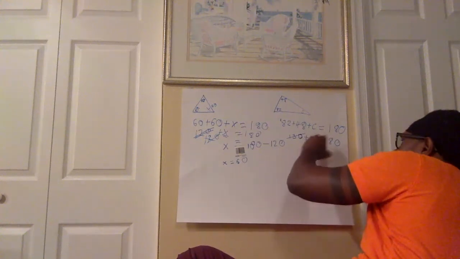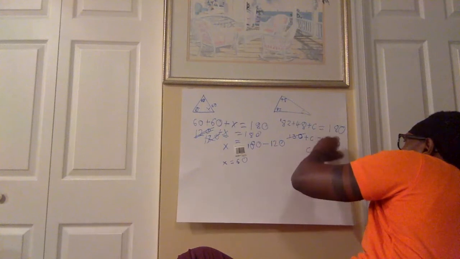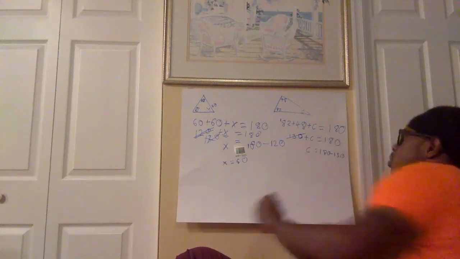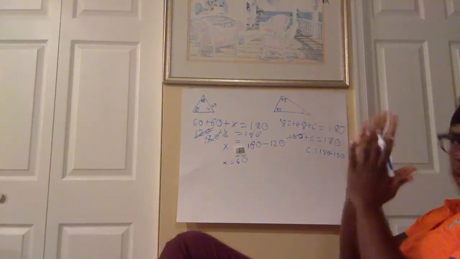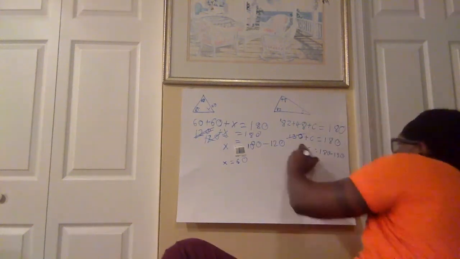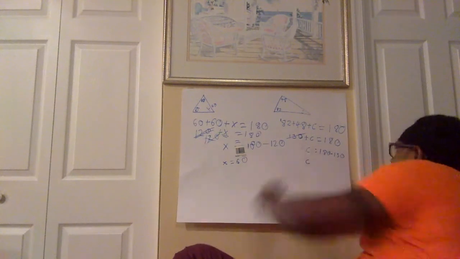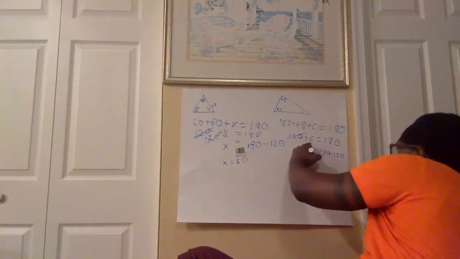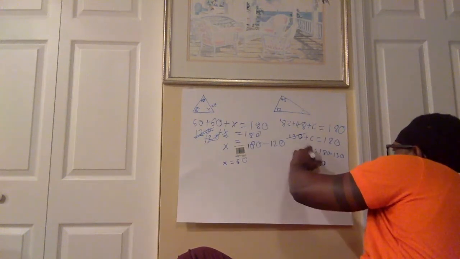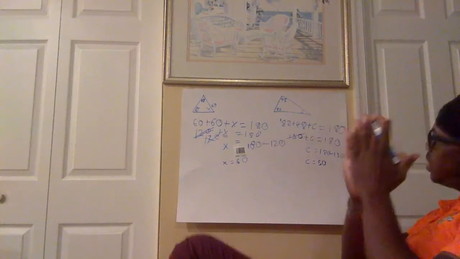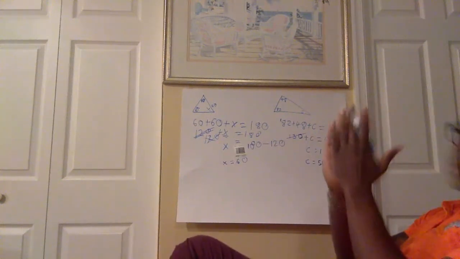That's going to be 180 minus 130. What is that going to give us? If you pause the video and do it, it's going to give us, so we now know that C is equal to 50.